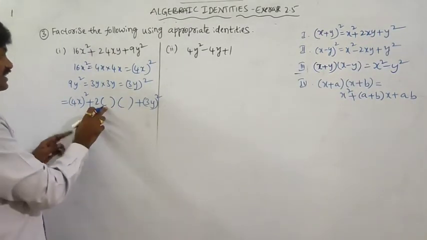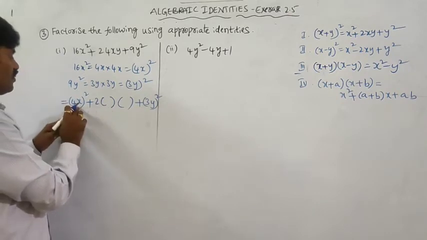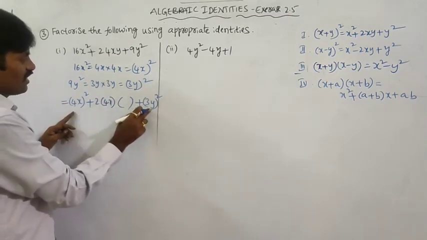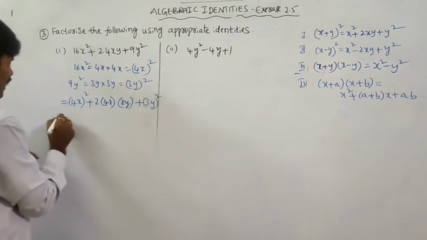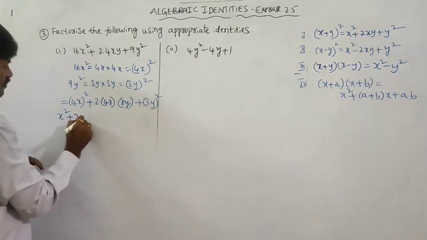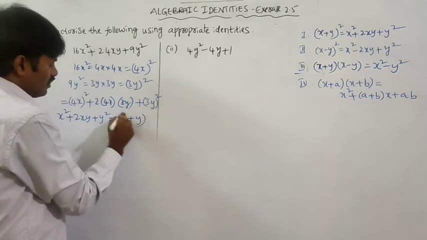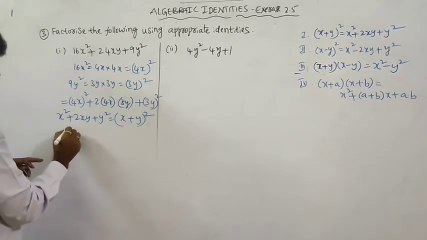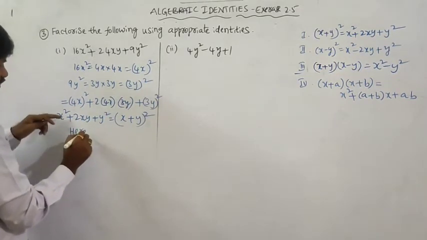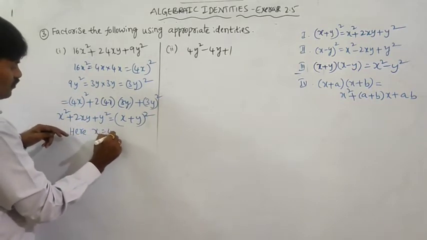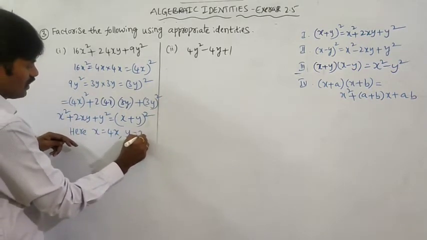Now what is x? Here, 4x. What is y? 3y. So compare with x square plus 2xy plus y square is equal to x plus y whole square, identity 1. Here x is equal to 4x, y is equal to 3y.